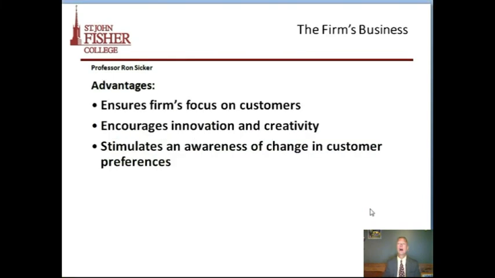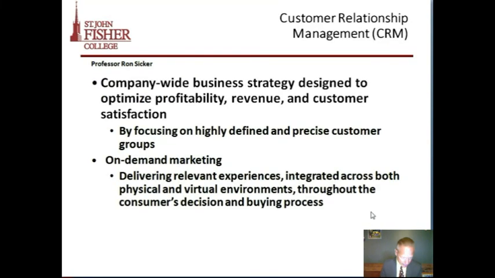And then also a firm has to make sure that they take advantage of what business they're in. Focus on the customers, focus on the industry, encourage creativity, much like Google does, stimulate awareness and change when customer preferences change, and keep up with the market to ensure that we are keeping up with the customer's firms and the customer's business.